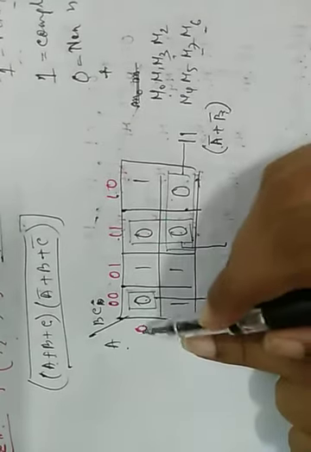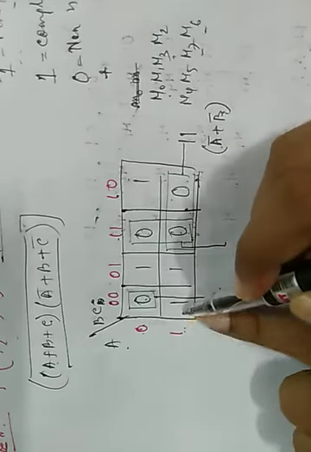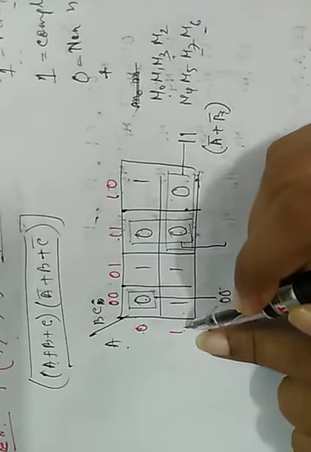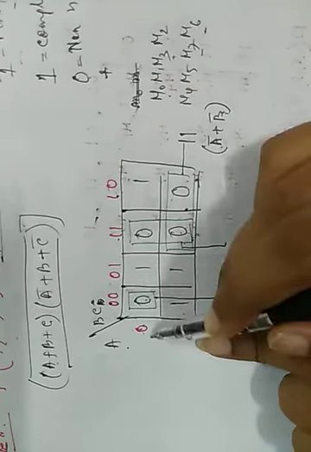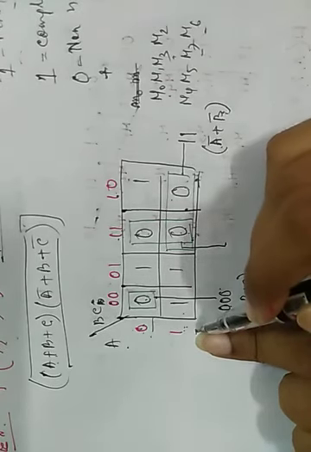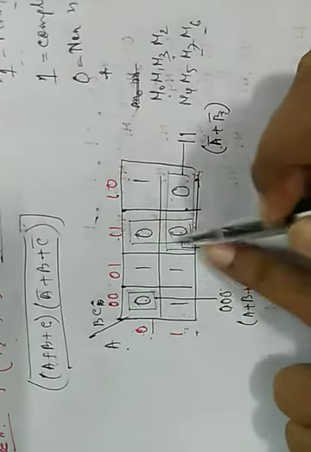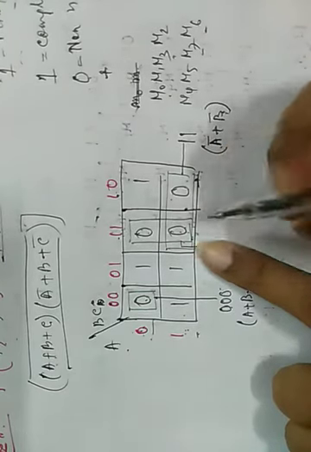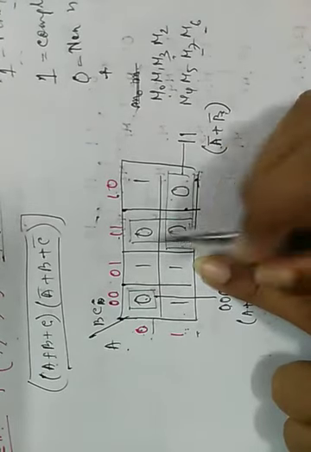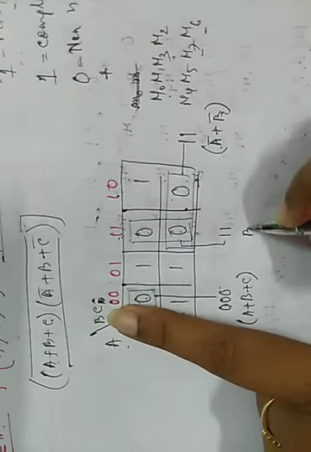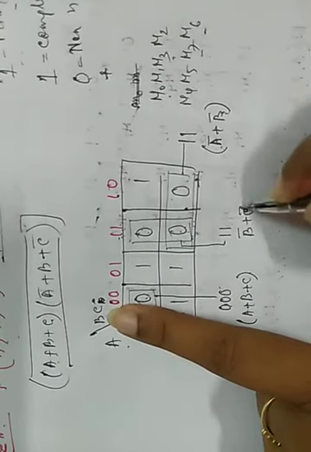Now for this vertical column, obviously as there are 2 rows, nothing is common, so we don't take any values from the horizontal rows, and for vertical there is a single value. Single value is 1 1. 1 1 means b bar plus c bar.